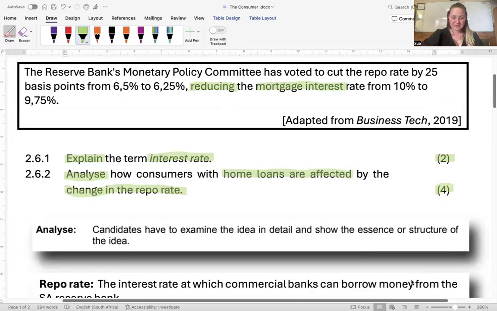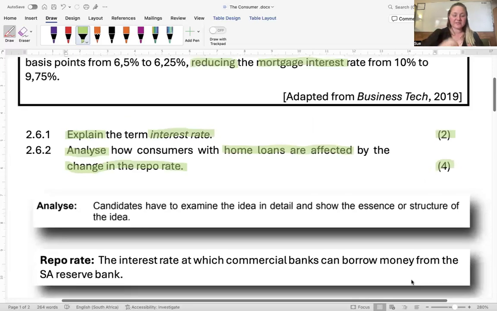Then another thing that's important is that we need to know what is a repo rate. A repo rate is the interest rate at which banks can borrow money from the South African Reserve Bank. We as consumers pay an interest rate when we borrow money. But when the banks borrow money, they borrow money from the Reserve Bank, and they obviously also have to pay that money back, but they then pay what is called a repo rate.